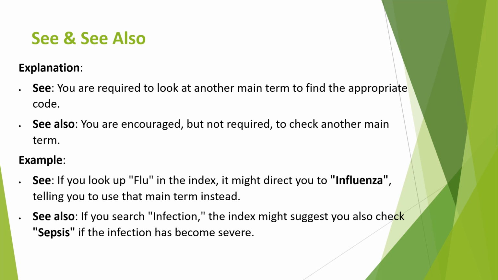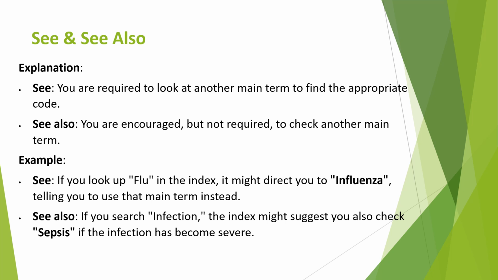Next we have See and See also. It is very important to know the difference between See and See also, because we will be regularly seeing these terms. The meaning of See is that you are required to look at another main term to find the appropriate code.